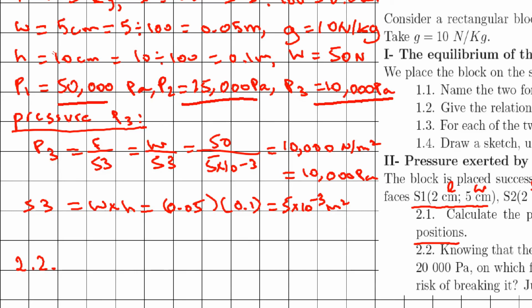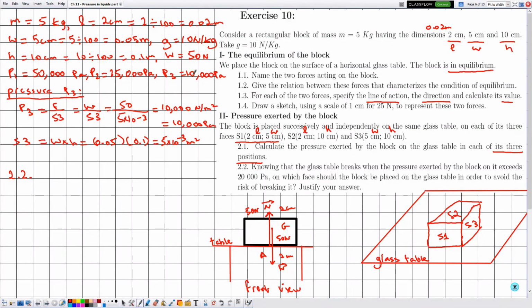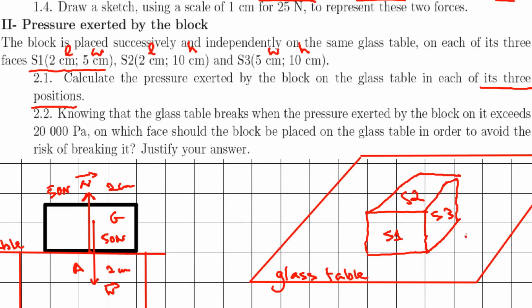The only pressure which is less than 20,000 Pascal is 10,000 Pascal. P2, 25,000 Pascal, is greater than 20,000, the same for P1. Then the only pressure which is less than 20,000 Pascal is P3. This pressure P3 corresponds for the face S3.